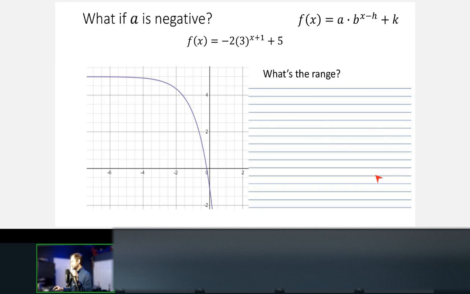Remember, this is range. Range is your y values. We don't care about x. X is domain, left to right. Range is vertical, bottom to top. Don't forget, it must be least to greatest. Always least to greatest.